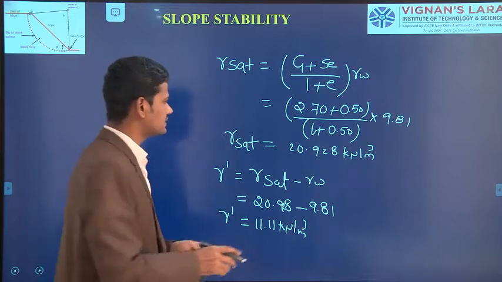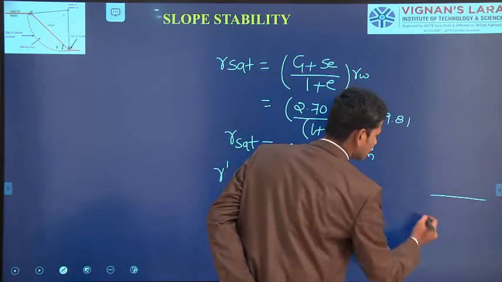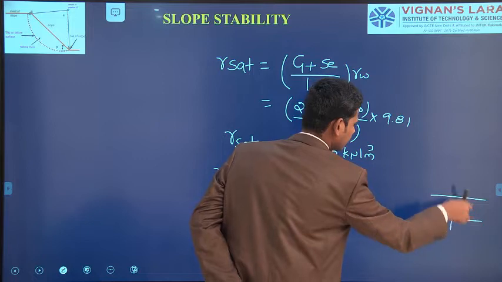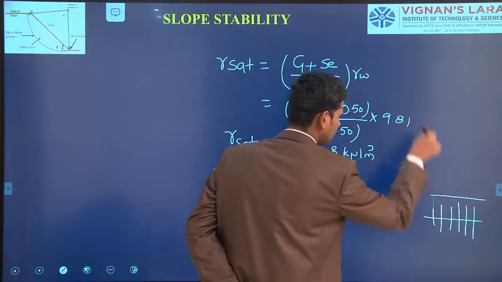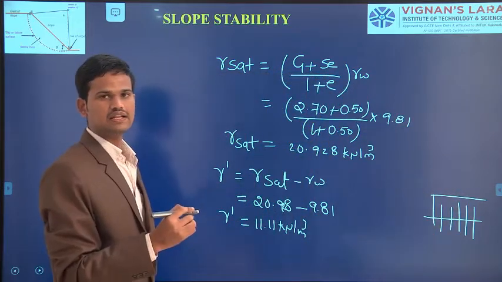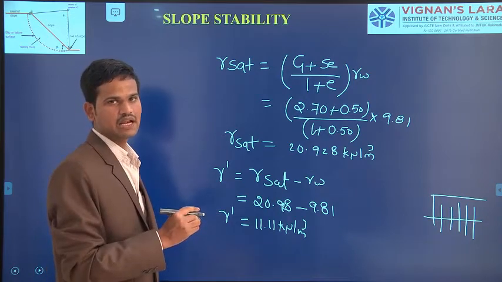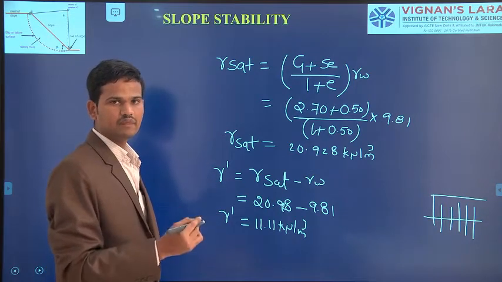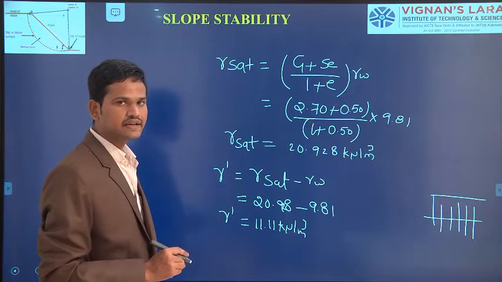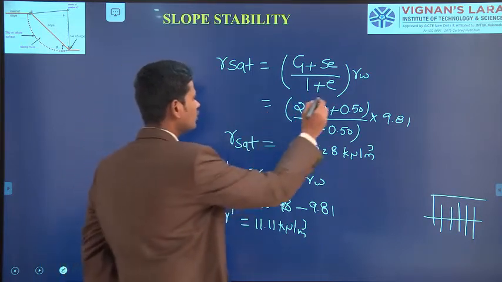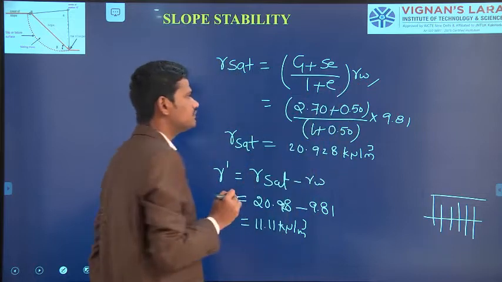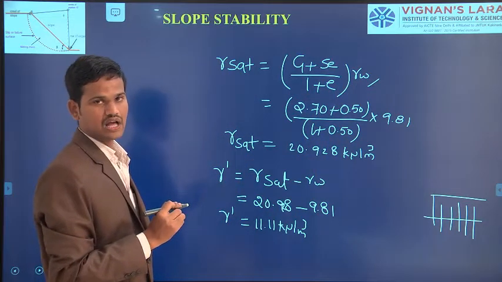That means if you consider the slope, the water is entering into the soil. Due to this, some amount of water is present in the soil. In those conditions, the unit weight may be considered as the saturated unit weight. For the saturated unit weight, we have the formula (G plus Se) by (1 plus e) into gamma w.